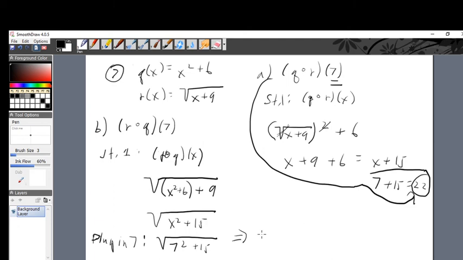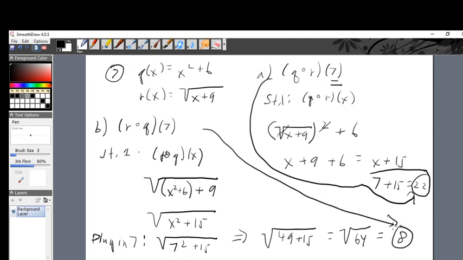This is the square root of 49 plus 15, 7 squared, which is equal to the square root of 64, which is equal to 8, and there's our answer for B, 7A and 7B. Okay, we'll have to stop at this point and go to the next video.